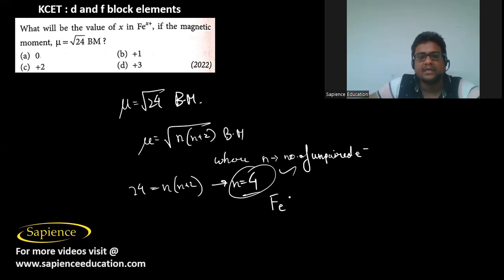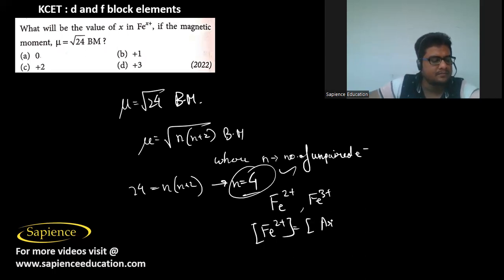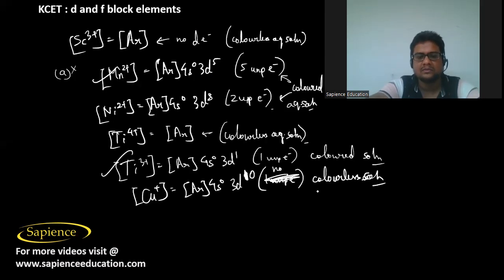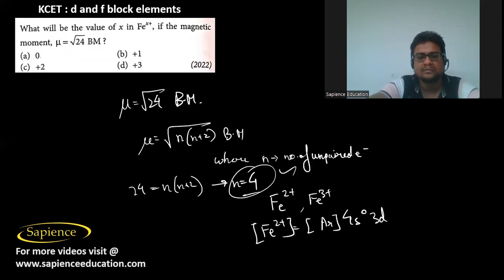Now Fe can exist as the Fe2+ state or the Fe3+ state. Now the electronic configuration for Fe2+ will be argon 4s0 3d6.